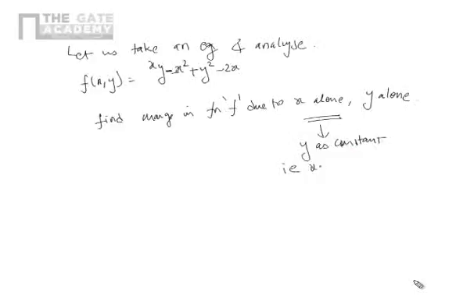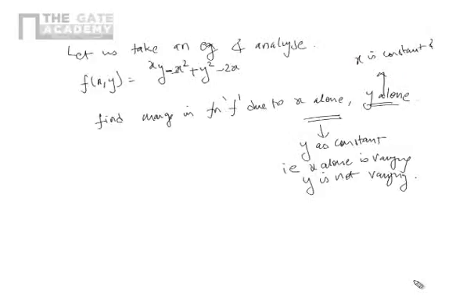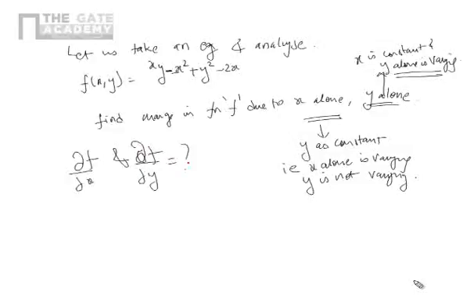That is, x alone is varying, y is not varying. It's like a constant. Similarly, when I say y alone, I treat x as constant and y alone is varying. This is the understanding. So ultimately the question is to find what is dou f by dou x and what is dou f by dou y. This is what is asked.